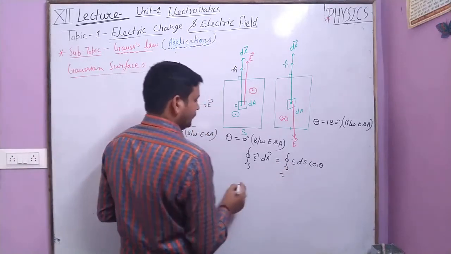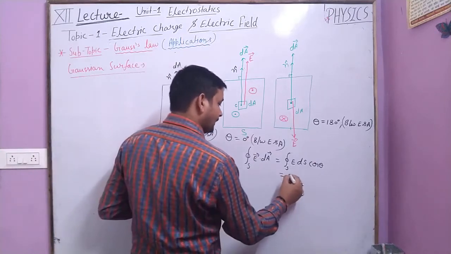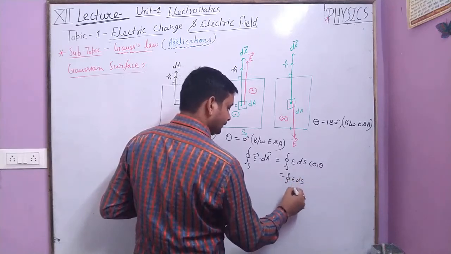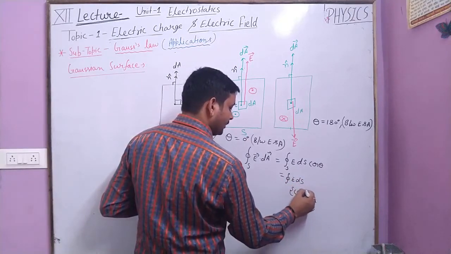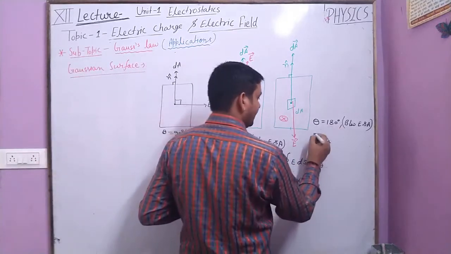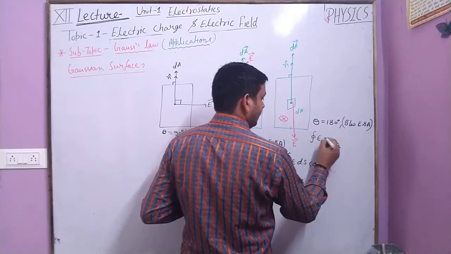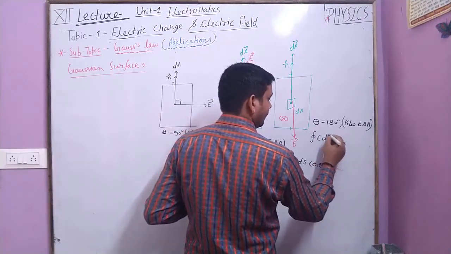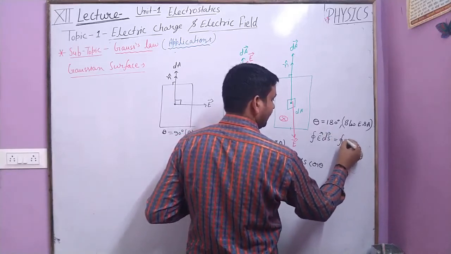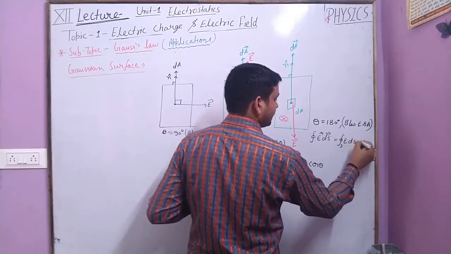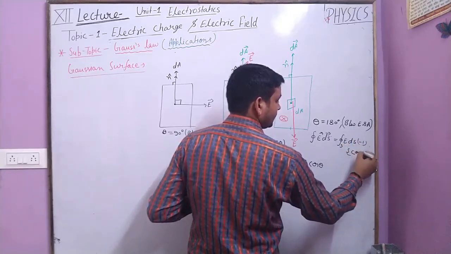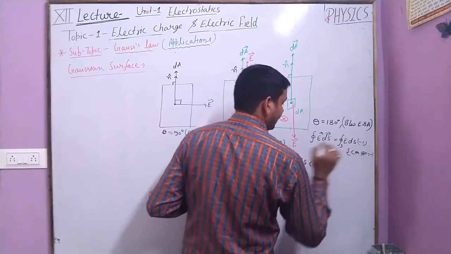For this particular situation, the value of this is E dS, because cos 0 degree becomes 1. Okay, next is for this particular case, the integral is equal to closed integral E dS times minus 1, because cos 180 degree is minus 1.